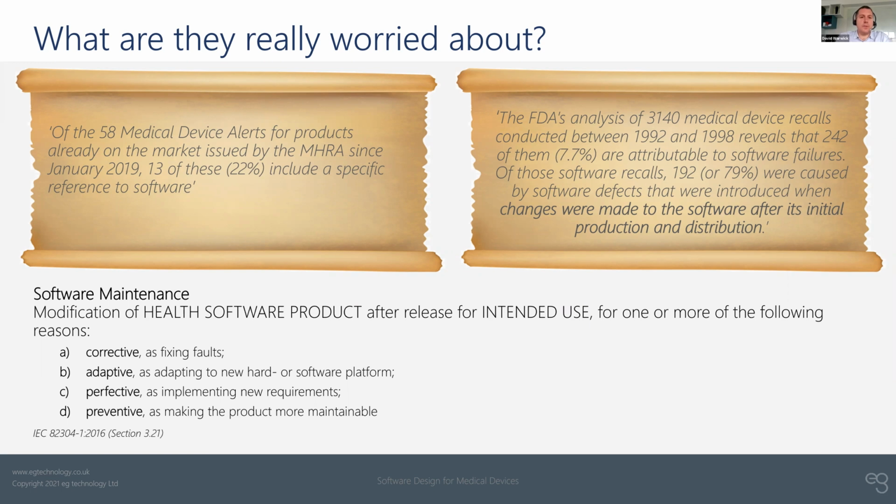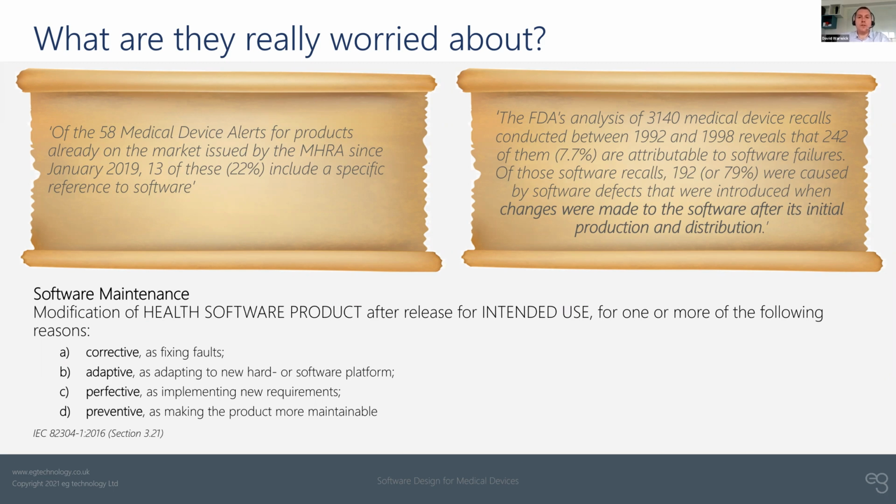So there's a couple of little quotes there. So in the UK, in January 2019, 58 medical device alerts, of which 22% included a specific reference to software. The FDA quote there is relatively out of date now, but it shows perhaps where current legislation is coming from.